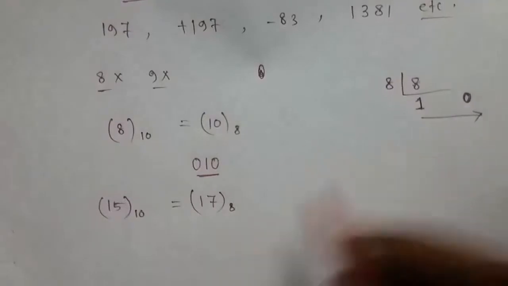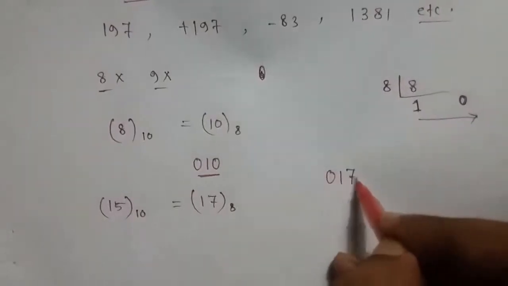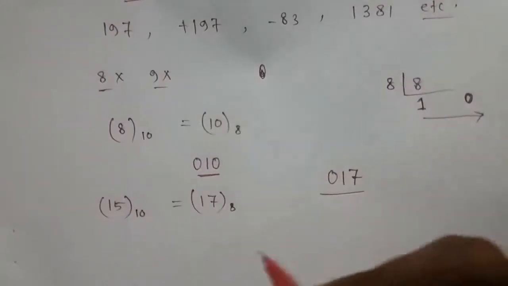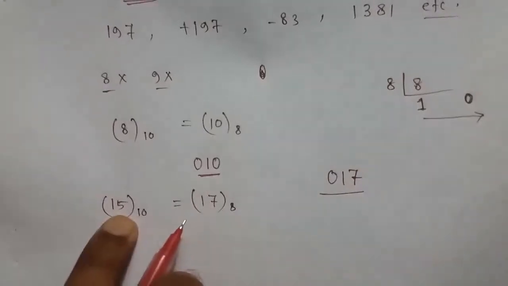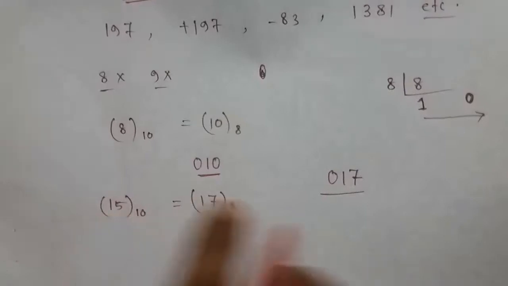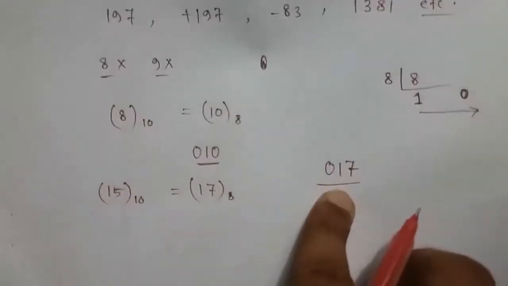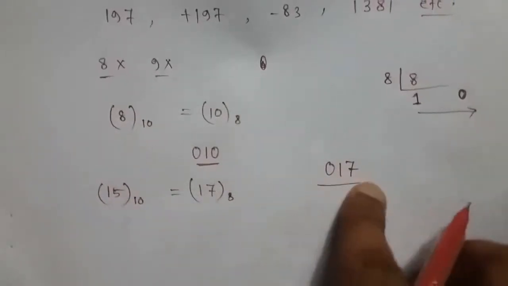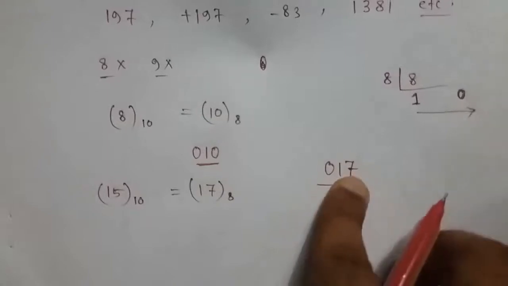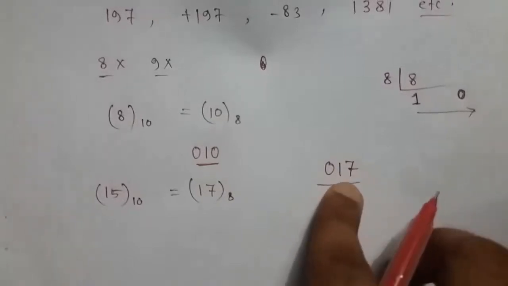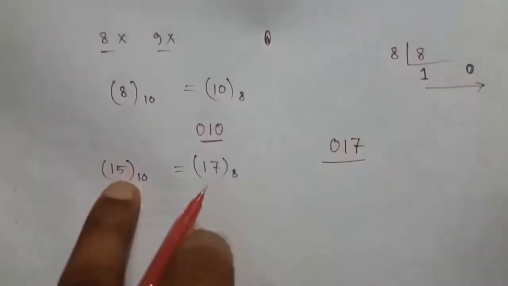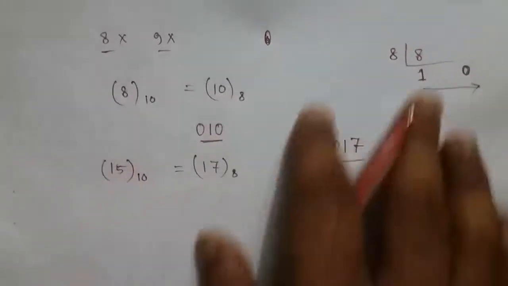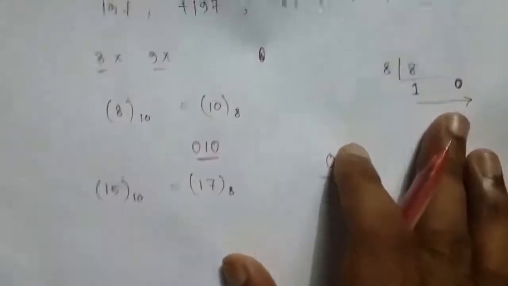That's why I have to write 017 in Java to represent 15. So 15 is represented as an octal number and should be written as 017. You have to think that 17 is the octal number and its equivalent decimal number is 15. So these are the octal numbers.